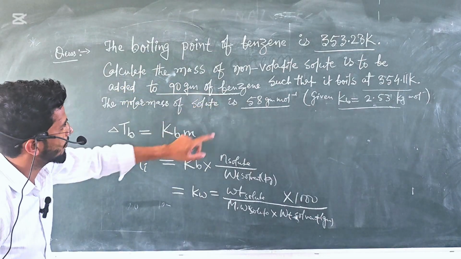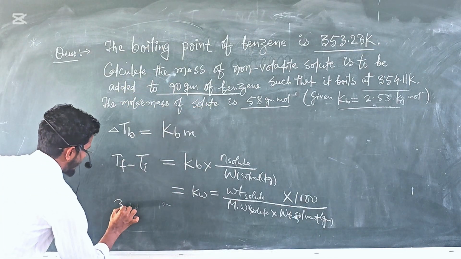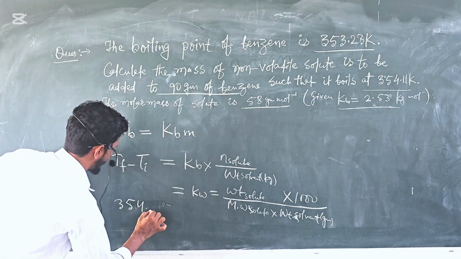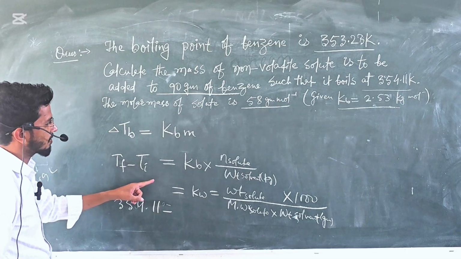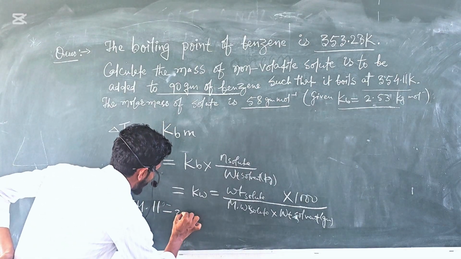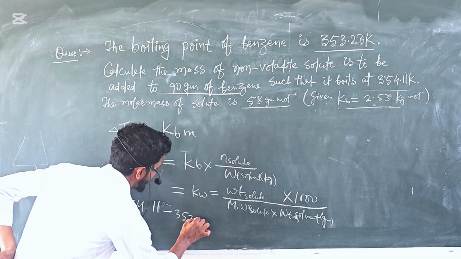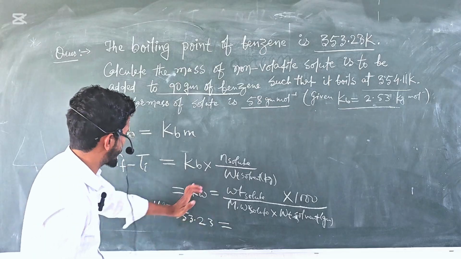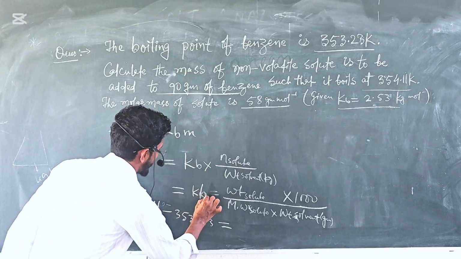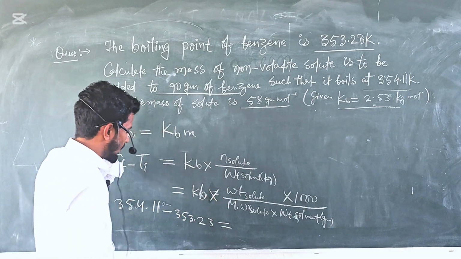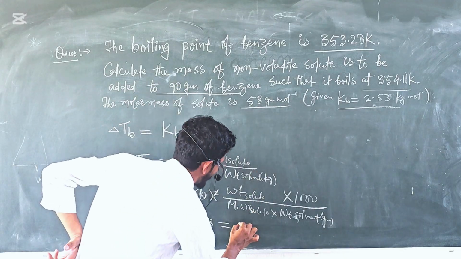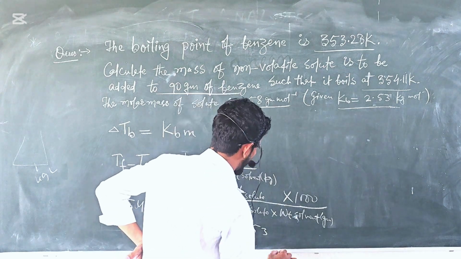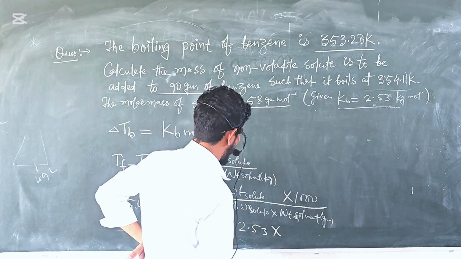The value of delta T is the final temperature 354.11 minus the initial temperature 353.23, equal to Kb, which is 2.53, into moles of solute.